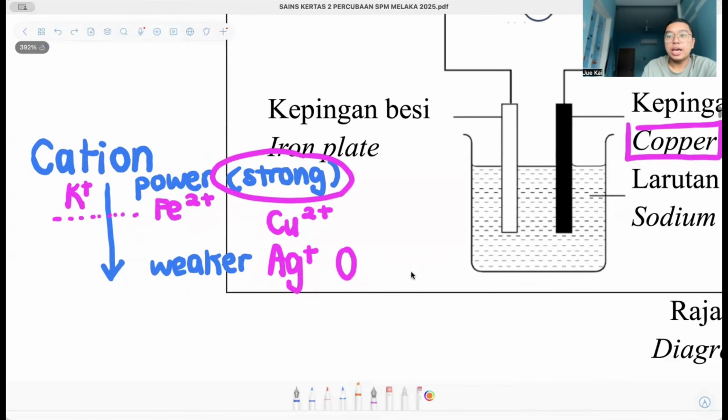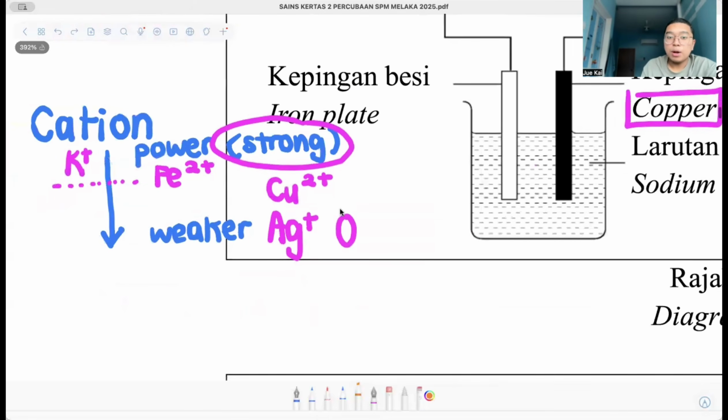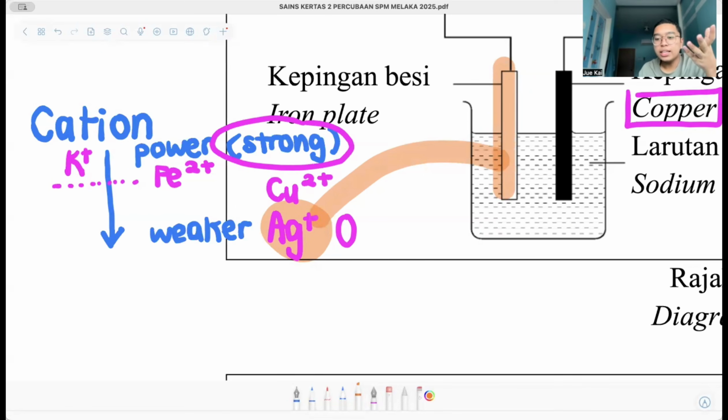That means electrical energy is produced. But when I change to silver ion and put it at this place, will I get any reading? Will I get electrical energy? No. Obviously. Good job, Qixuan. Obviously, no.